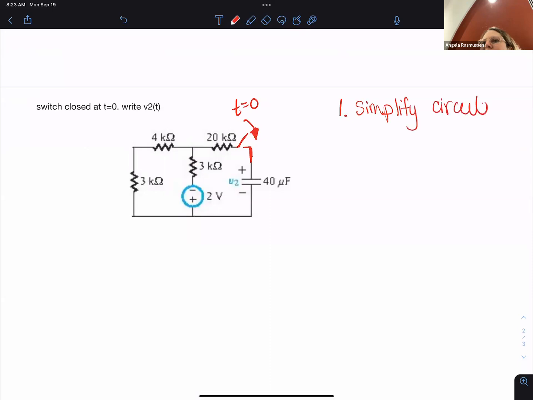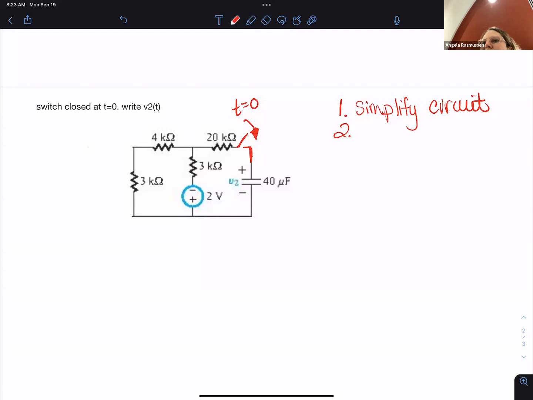We're just going to write out the steps again quickly. So simplify circuit if you can. Then what would you do?